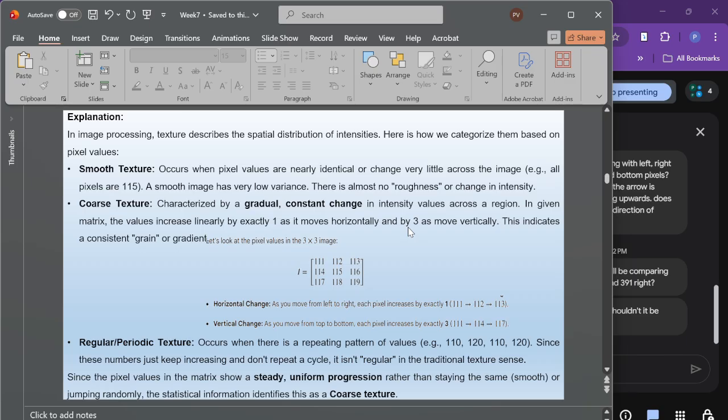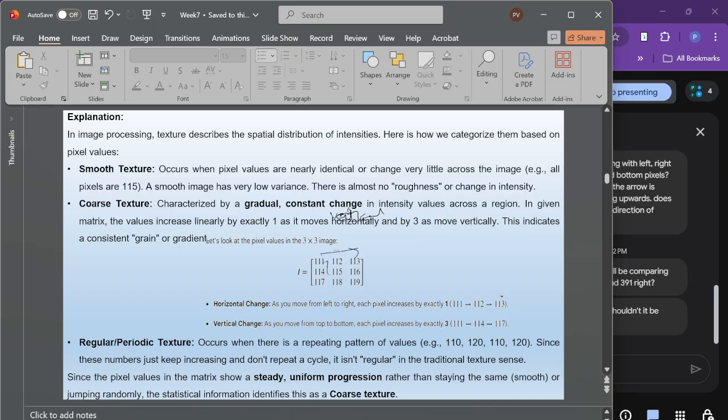Every value is increased by 1 as it moves horizontally, and by 3 vertically. So that indicates a constant gradient. As we have these 3 cross 3 pixels, the horizontal change from left to right is 112, 113.